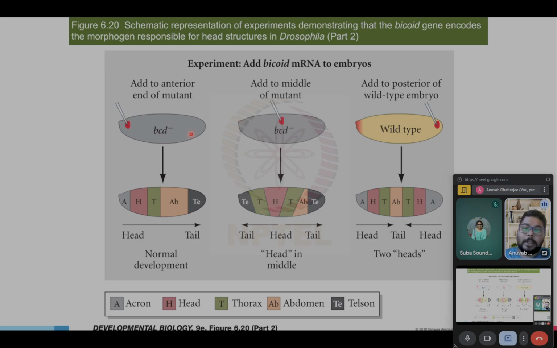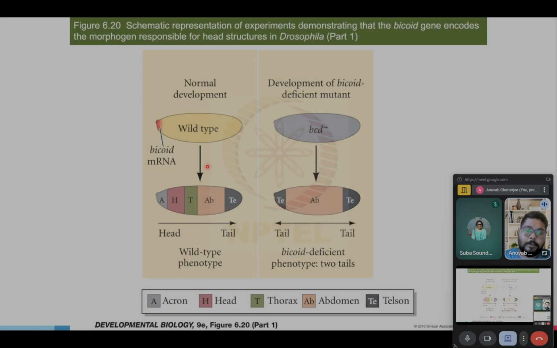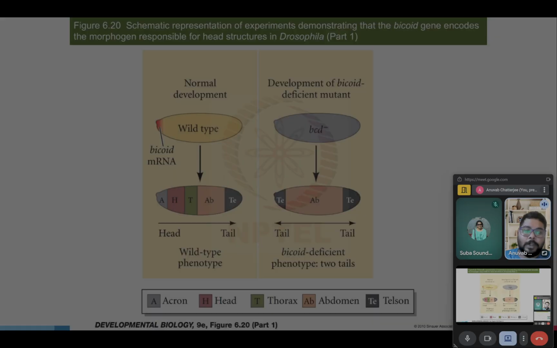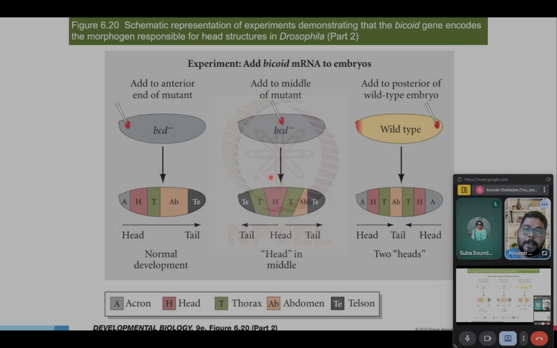Next, they figured out, okay, if bicoid is not there, then the body plan is all messed up. So how about we add bicoid? But interestingly, they added it to different parts of the embryo. When they added it to the anterior most region, the body plan was actually rescued. You again have acron, head, thorax, abdomen, and telson.